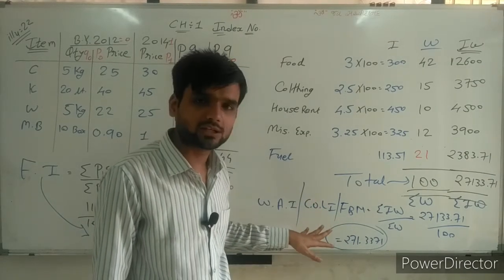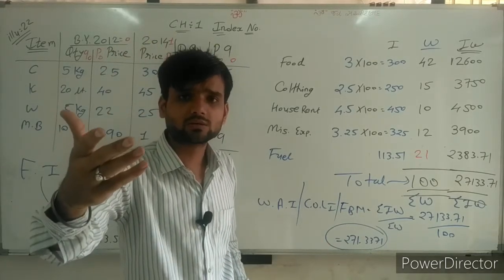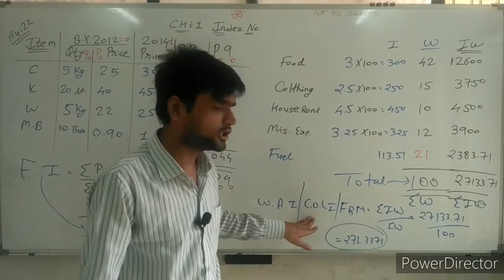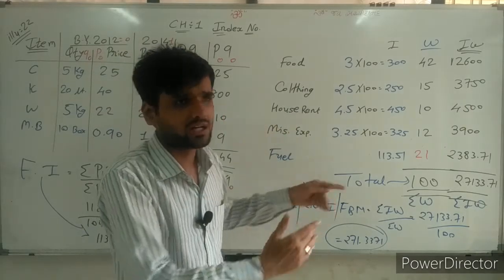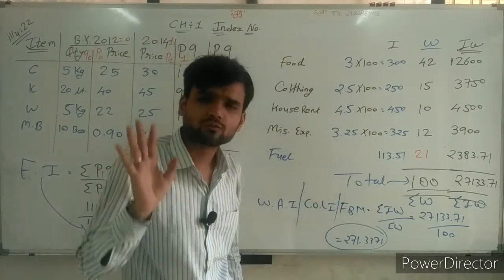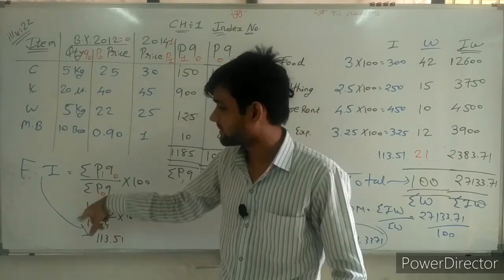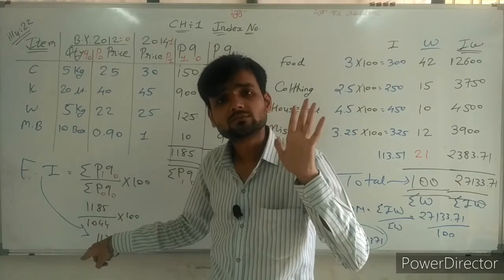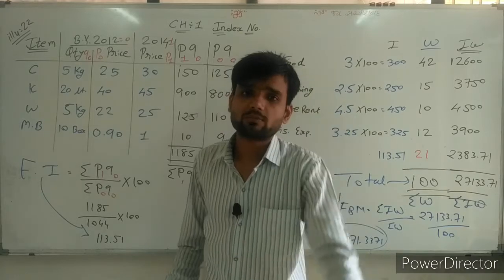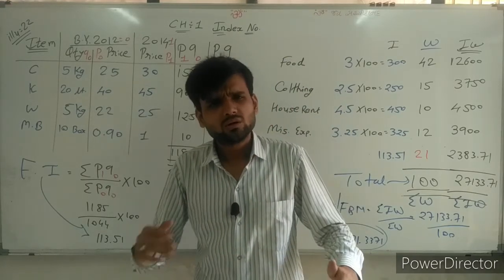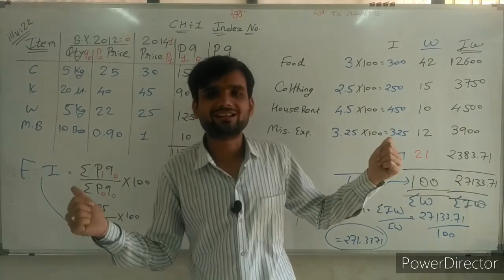Sometimes cost of living index number is also used when family budget is given, when total expenditure is given. So you can use cost of living index number also, but it depends on the particular data. IW given, then cost of living index number. If this type of information is given, total expenditure method. But what is the total expenditure method? Last pair method first. Second, if it is not applicable, then try partial method.